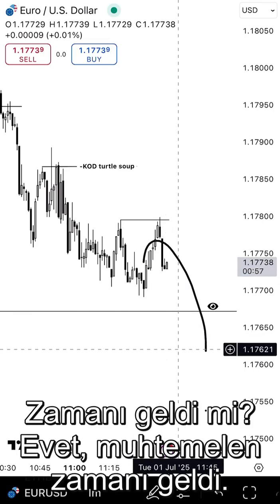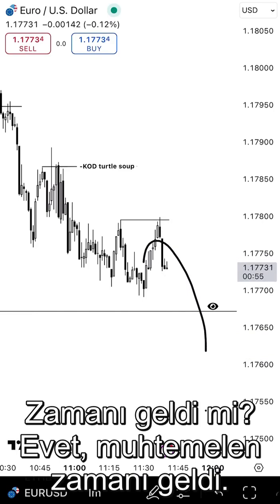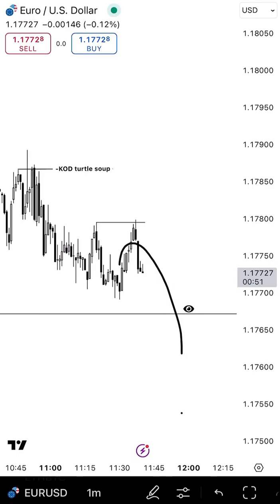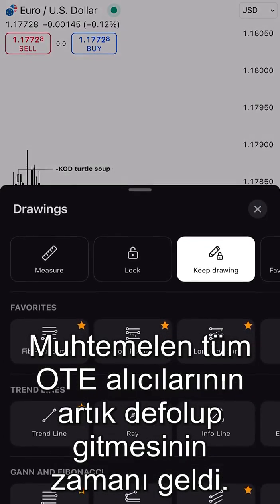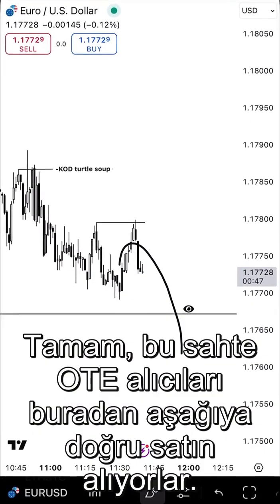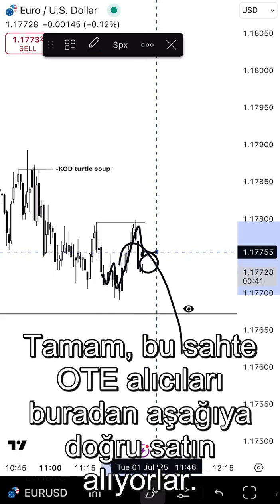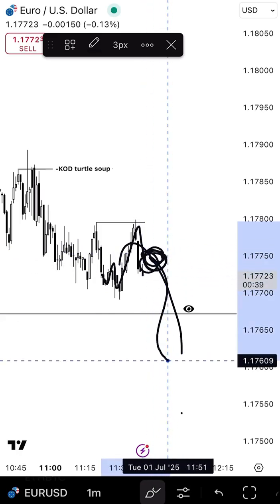Time is it? Yeah, it's probably time. It's probably time for all the OTE buyers right now to get wrecked. All right, this fake OTE buyers buying over here, all the way down.